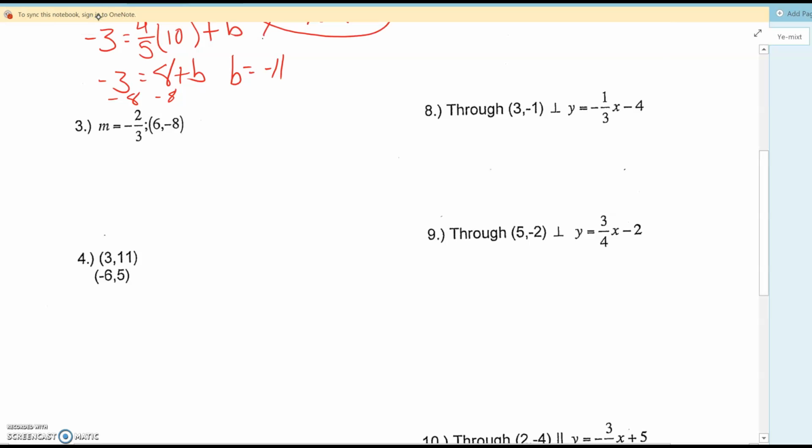All right, so slope is (y2 - y1) over (x2 - x1).